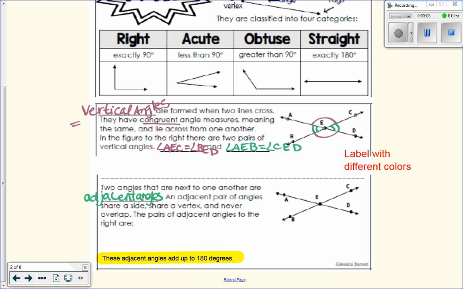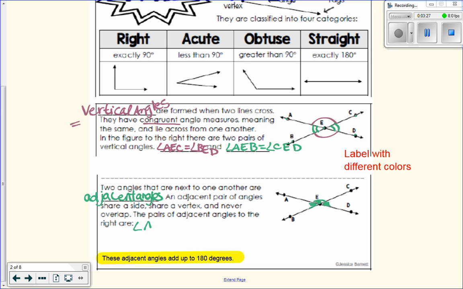The pairs of adjacent angles to the right are, and there are many, there are a lot. This angle is adjacent to this angle and that angle. So we can label those.